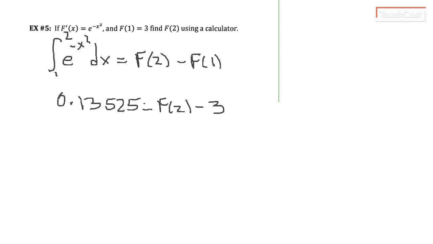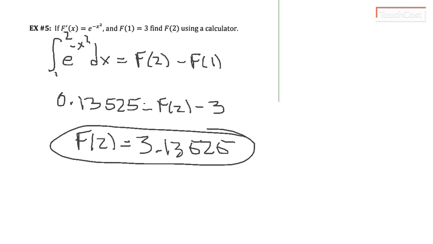Correction, I got that decimal by putting 2 in for x and 1 in for x and subtracting them. So now I'm going to add 3 to both sides and find that f of 2 is equal to 3.13525.